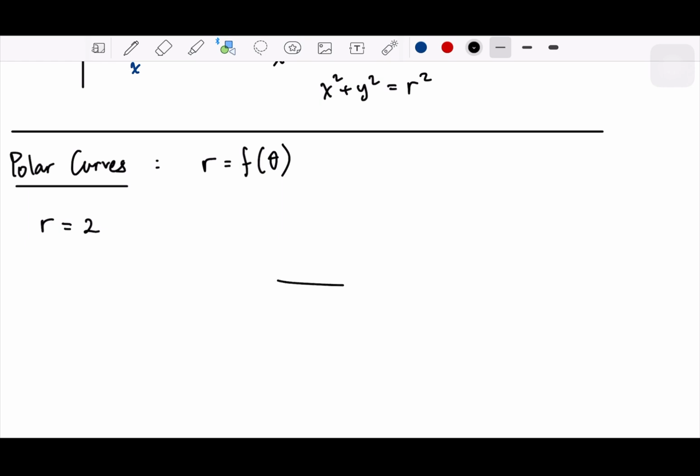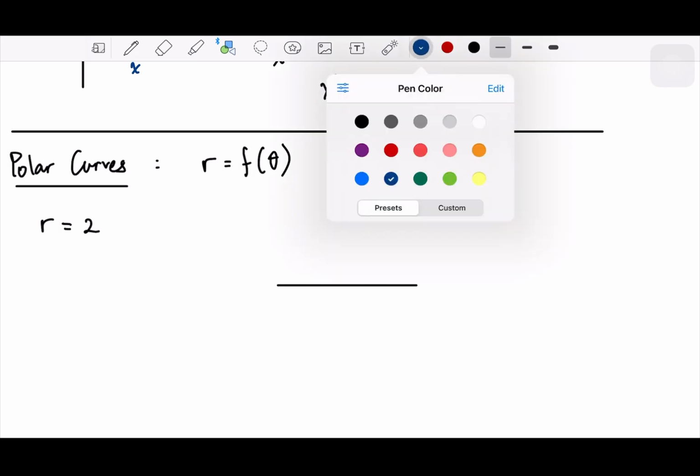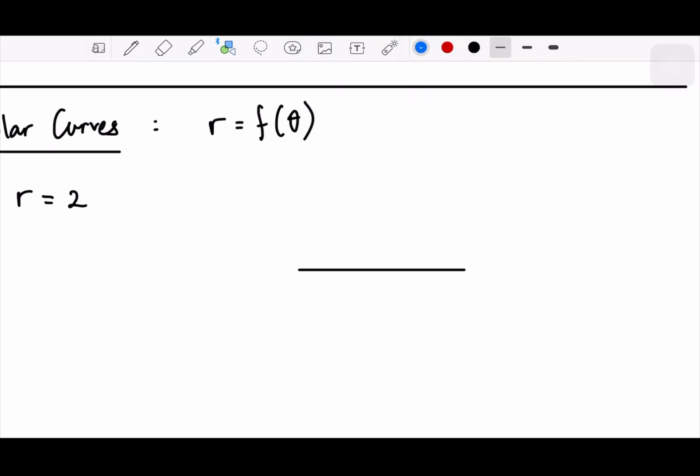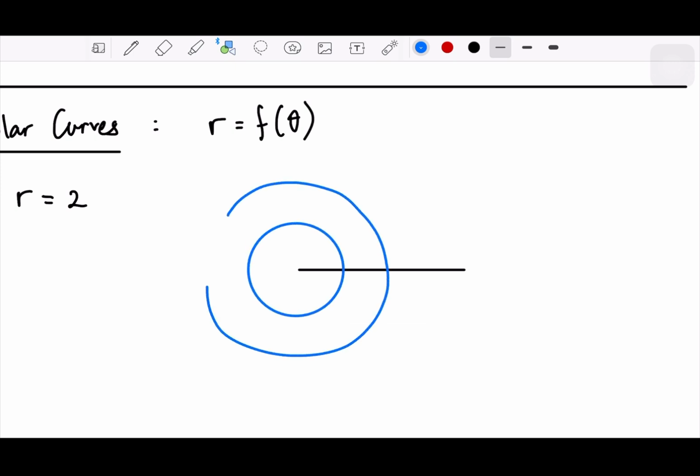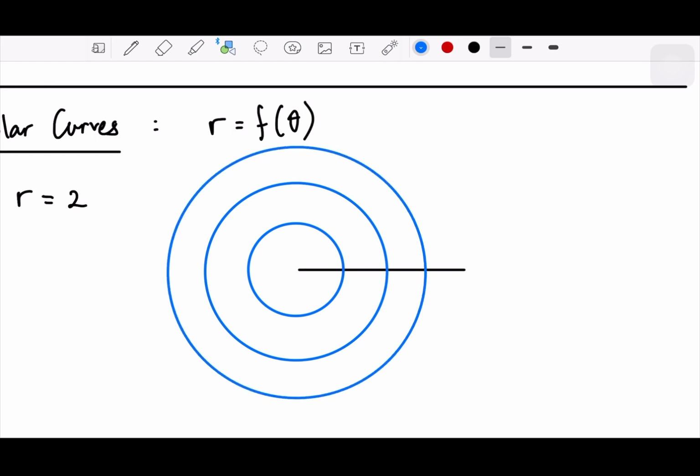If we take the polar axis, let's imagine that we have several radii: r equals 1, r equals 2, r equals 3.